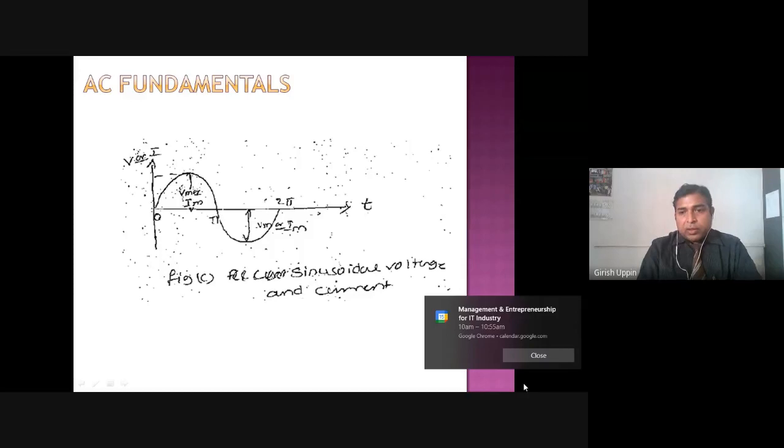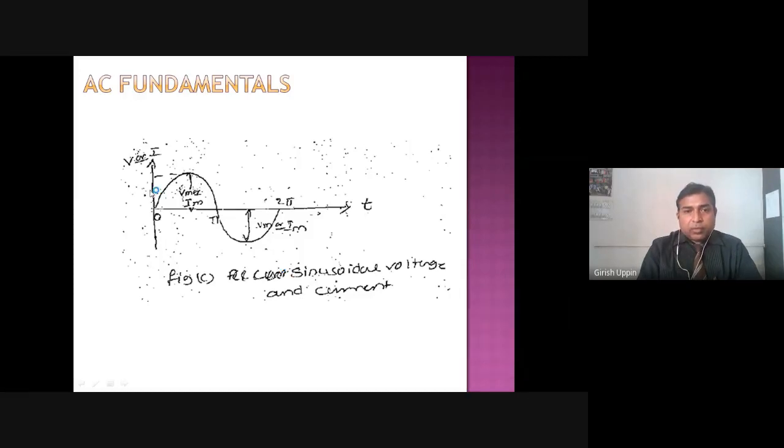We call it Vm or Im, the peak value of the voltage or the current, and again it starts decreasing, and at pi, or at an angle of 180 degrees, it will become 0, and it will start increasing in the negative direction, and reach a peak value in the negative direction, Vm or Im.